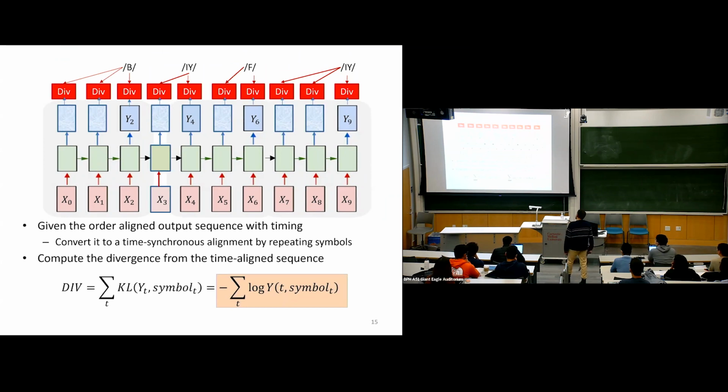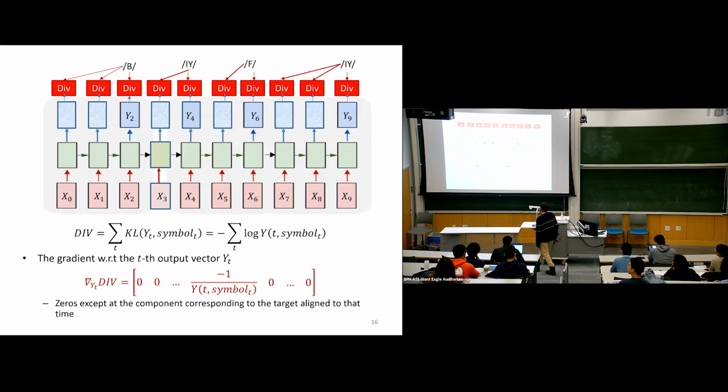And now you can just define your divergence as the sum of the individual divergences at the different times. And that, of course, is going to be minus of sum over all time, the log of the probability assigned to the target symbol at each time. So this was something that we saw in the last class.